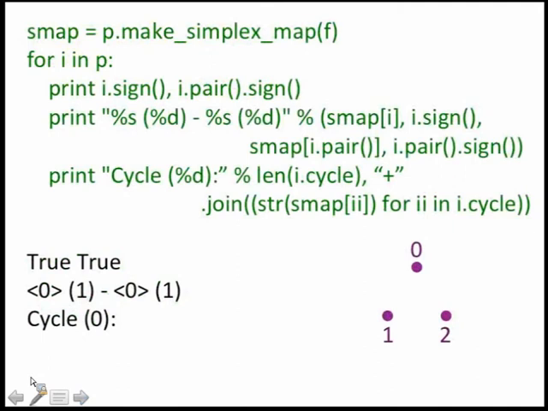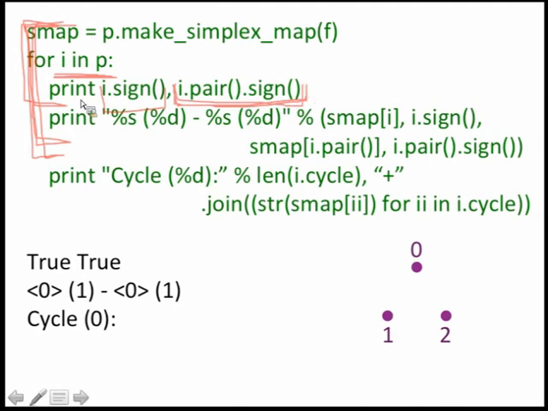Then we've got this thing right here where we will look at what our pairs are. We're going to look at these commands first. For all our simplices, we're going to print the sign of the simplex plus the pair of that simplex.